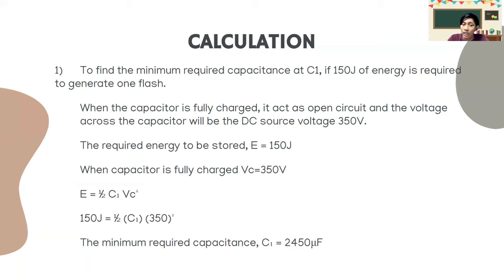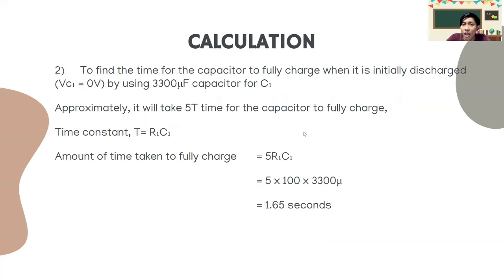By using the formula, energy equals half times capacitance C1 times the capacitor voltage VC squared. By inserting the values, we get the minimum required capacitance C1 equal to 2450 microfarad.